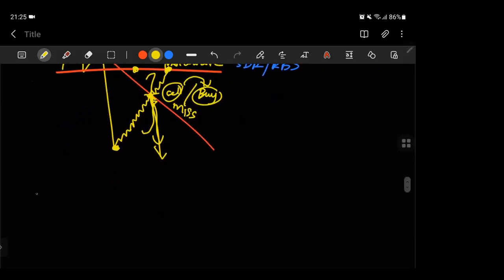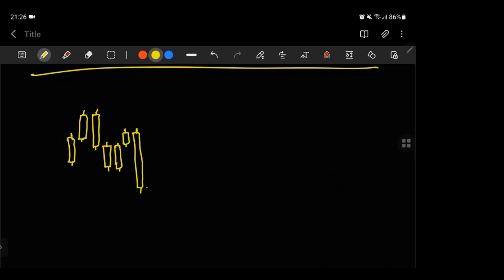Okay. So for the view of the real market, we will view it as OHLC. For the OHLC view, this is how we are going to be dealing with the market all the time.